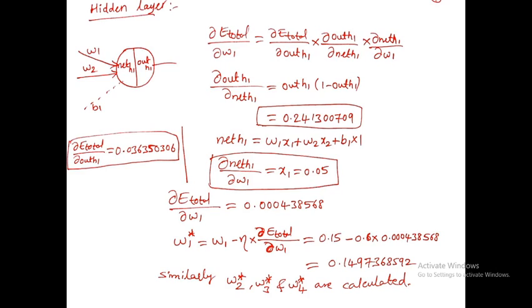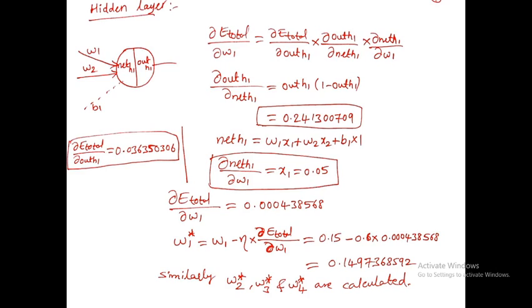And ∂E_total/∂W1 we have already calculated. That value we can substitute as it is. Then you will get W1*, the updated weight W1, equal to 0.1497368592.